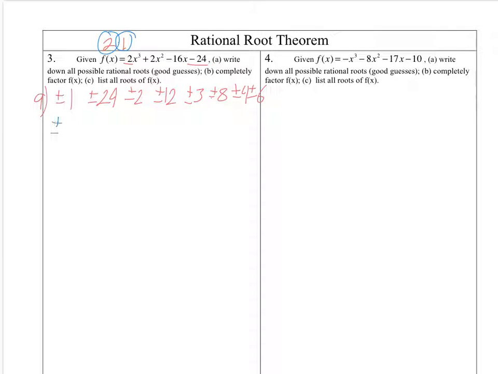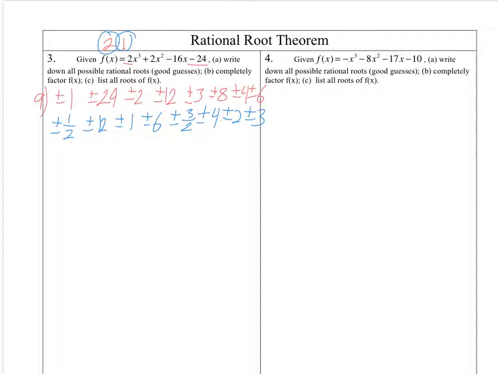So that'd be plus or minus a half, plus or minus 12, plus or minus 1, plus or minus 6, plus or minus 3 over 2, plus or minus 8 over 2 is 4, plus or minus 4 over 2 is 2, and plus or minus 3.